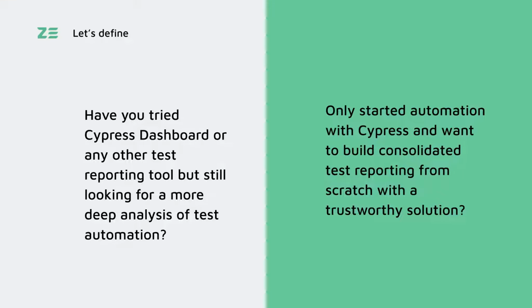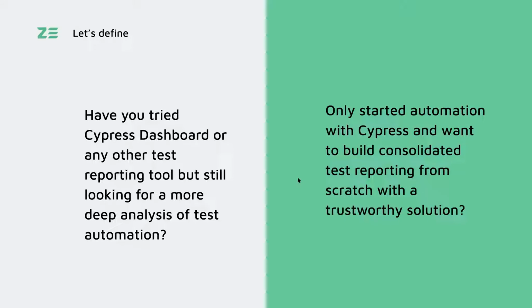I'd rather try some deep analysis with another test automation tool. Or maybe you just started automation with the Cypress framework and you want to start building consolidated test reporting from scratch, and you have no idea which solution to trust, or how to start with this. I believe that today we will provide you a lot of information.